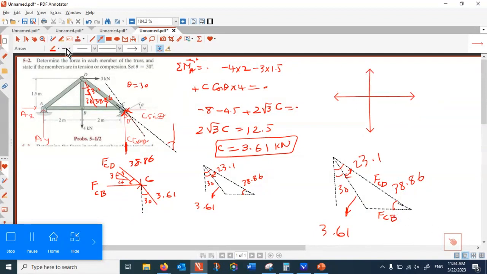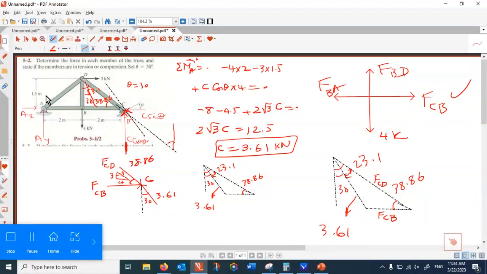Here you find FCB, and here you have 4 kilonewton applied, and then that remains FBD and FBA. Only two unknowns. Method of joint can handle two unknowns. And also we know the reactions from solving the entire structure.